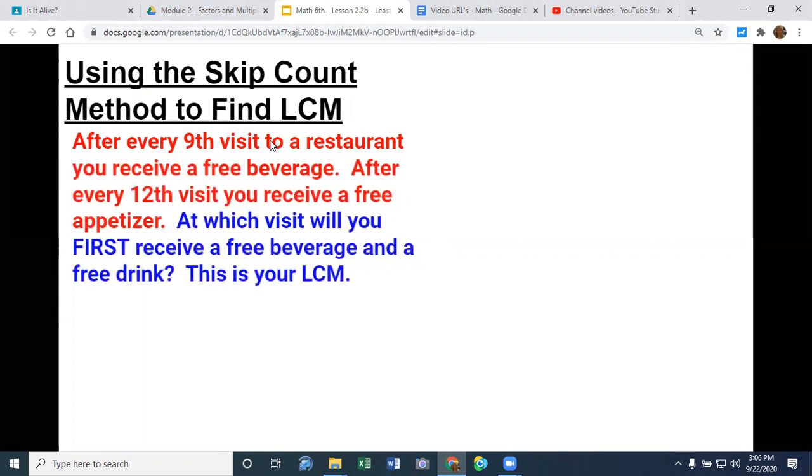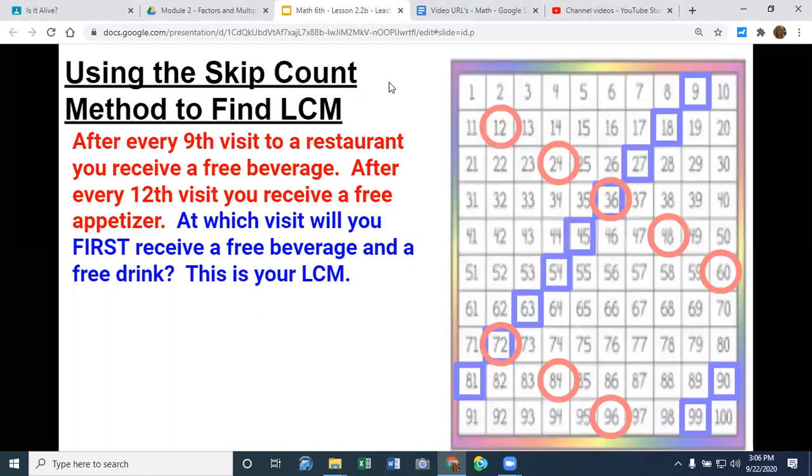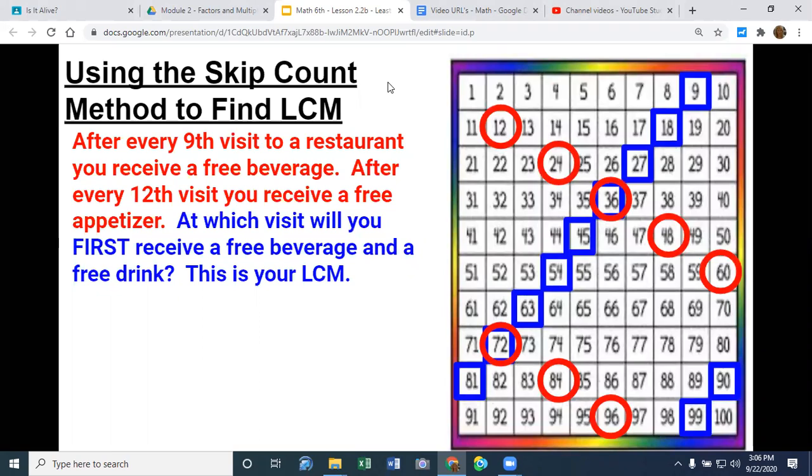Okay, same problem, different question. After the 9th visit, you get the free beverage. After the 12th visit, you get the free appetizer. At which visit will you first receive a free beverage and a free appetizer? This is your least common multiple. Bring our chart back. We have the 36 circled and the 72 circled because that's where they overlap.